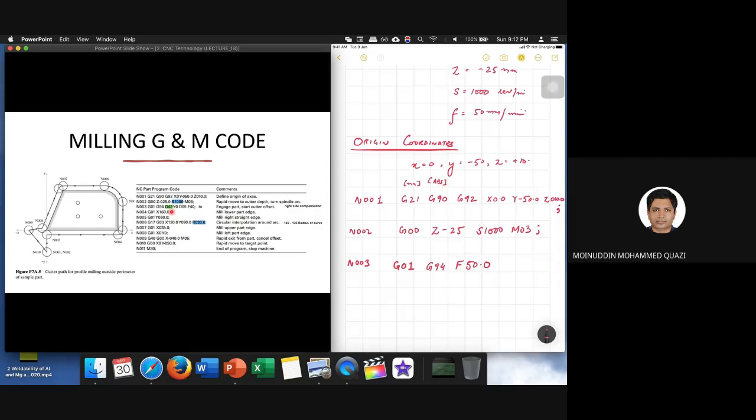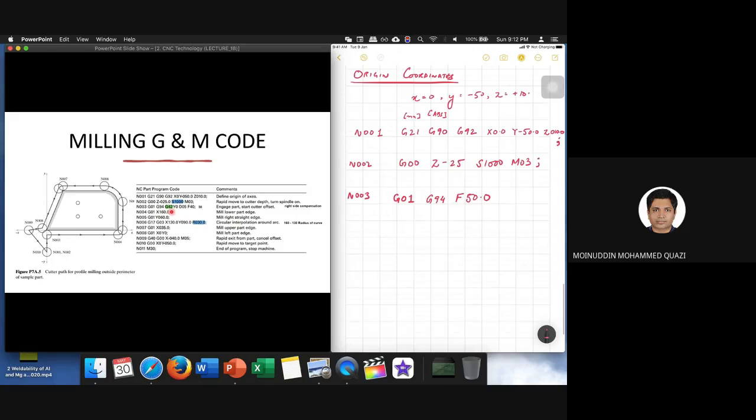Next is G42. What is G42? Cutter compensation. When you have got a workpiece and your cutter has to cut the material, we need cutter compensation here.